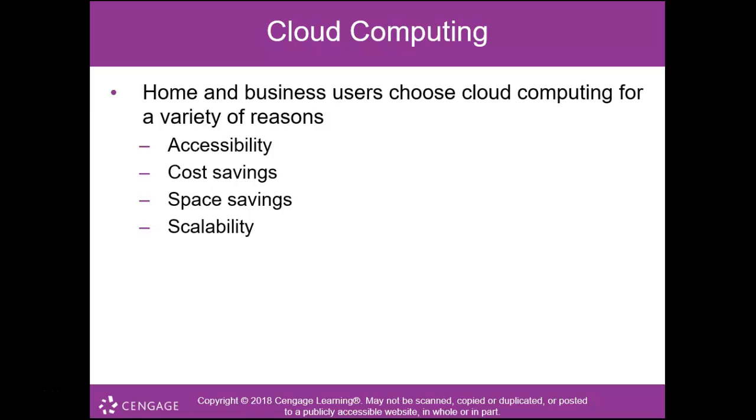It provides us this accessibility and some cost savings because I don't have to buy extra storage devices for my house or my work. I can use the cloud. It's also going to provide space savings and scalability. If I need to expand rapidly, I can just request more cloud space. But if I'm not using it, I can decrease that and cut my costs.